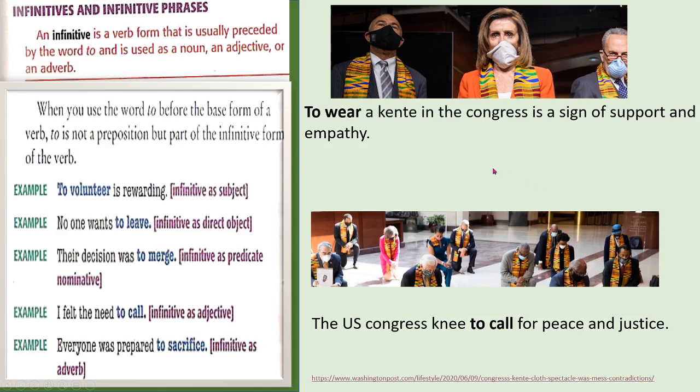Now let's see the examples I got here. These examples are from newspapers. Kente is this garment they are using. To wear a kente in the Congress is a sign of support and empathy. To wear is an infinitive, and here it is the subject of the whole sentence.